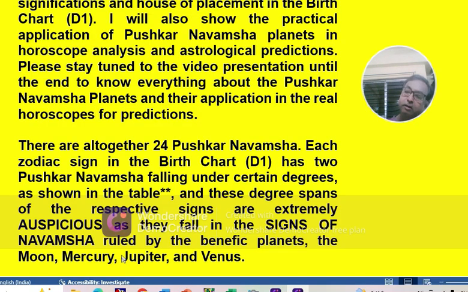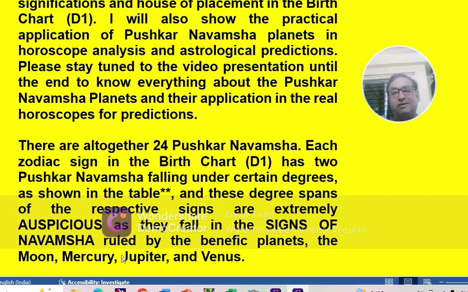They will go in the Navamsha to the zodiac sign ruled by the natural benefic planets. Then what are the zodiac signs ruled by the natural benefic planets? You know, I also know, everybody knows. That is Taurus, ruled by Venus. Then Gemini, ruled by Mercury. Then Cancer, ruled by Moon.